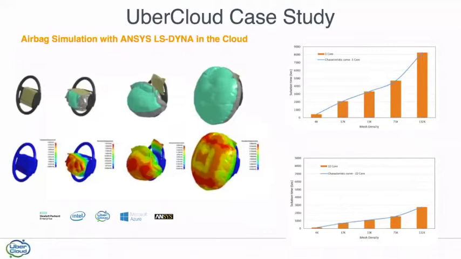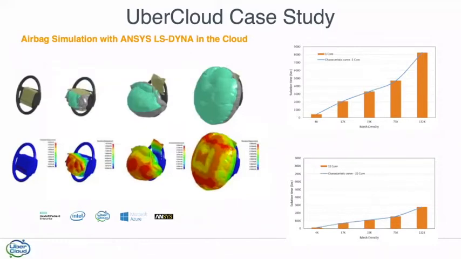For this simulation, the steering wheel is fixed and the load curve provides the airbag opening forces, which are defined on the airbag component. In the picture, you can see the opening sequence of the airbag as well as resulting stresses on the airbag material.